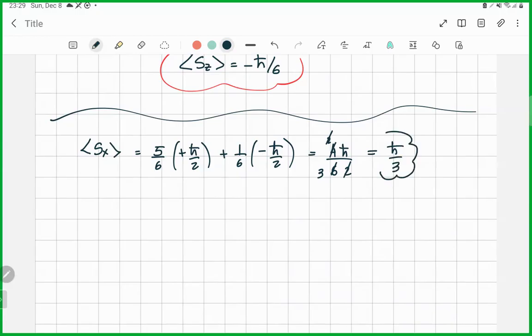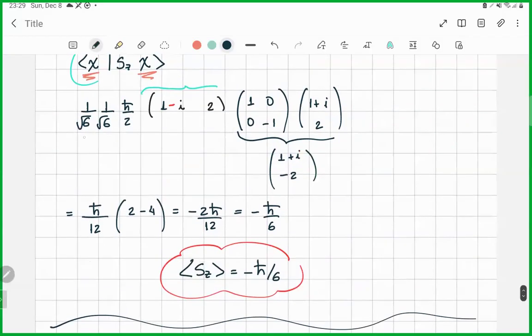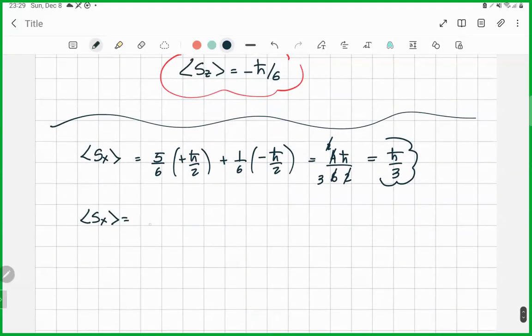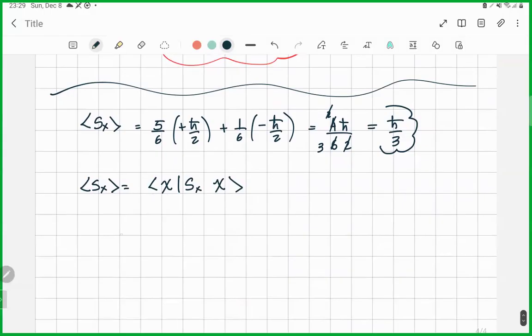So that's one way. The other way is, again, as we said, playing with the matrices and the vectors. They should give us the same result. So again, let's put all the terms in front as we did here. And so here is the chi, the SX, and the chi. From the chi, we have 1 over square root of 6 from this one. From the other one, the same thing.